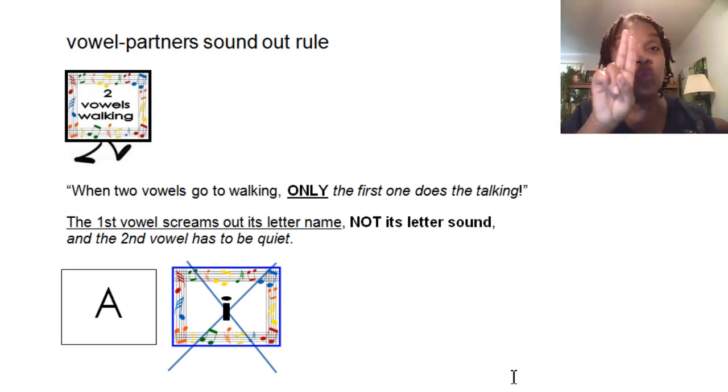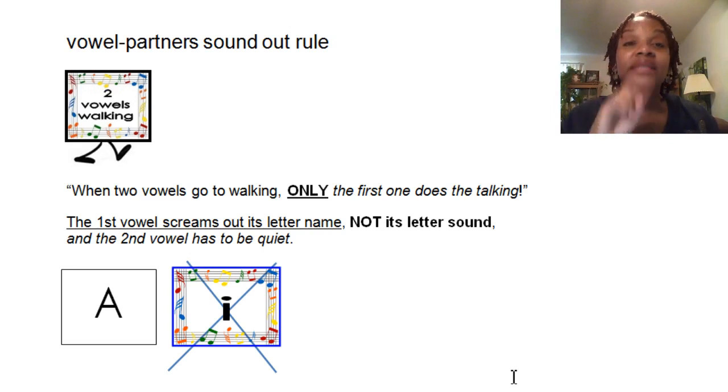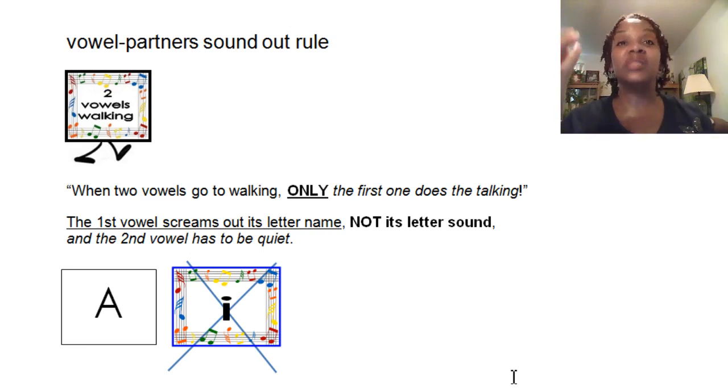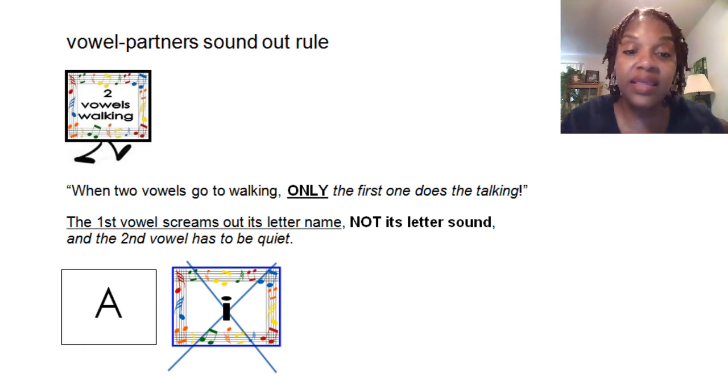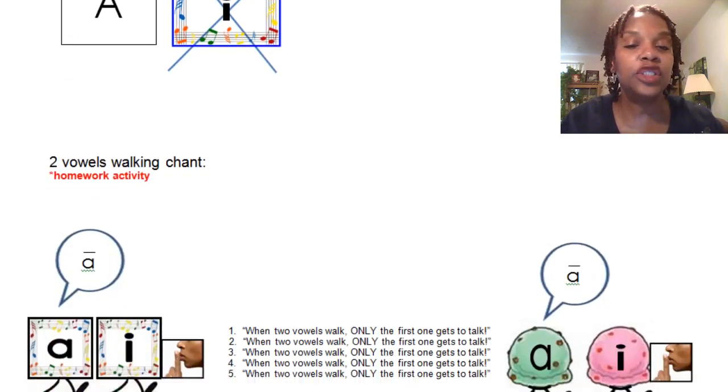So when you see two vowels right side by side in a word, the first one gets to do the talking, and when you sound out the word, that's the sound that you make. But instead of making the letter sound, you say the letter name. Okay? Now that's going to make a little more sense in just a minute.